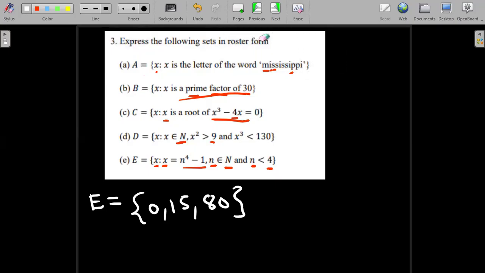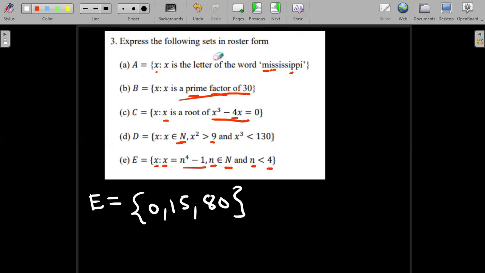Okay, the person who's texted, yeah, you can ask. If you're unable to use your mic, just kindly type. So are we replacing n with natural numbers?